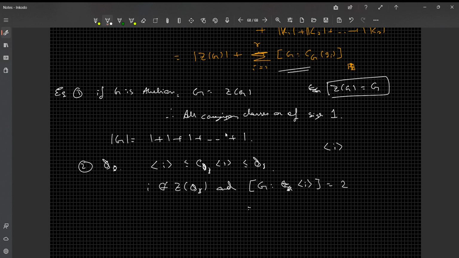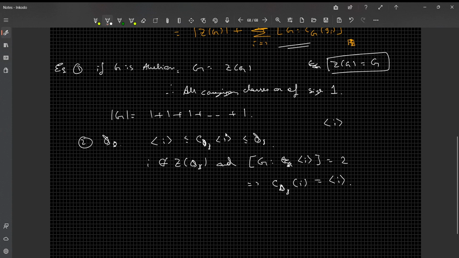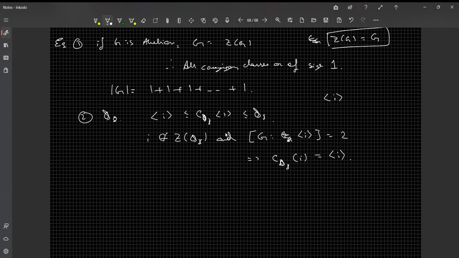So if it's 2, then it's obvious that the centralizer of the element i is nothing but the subgroup generated by i, right? We had previously proved it also. What are the conjugates of i?